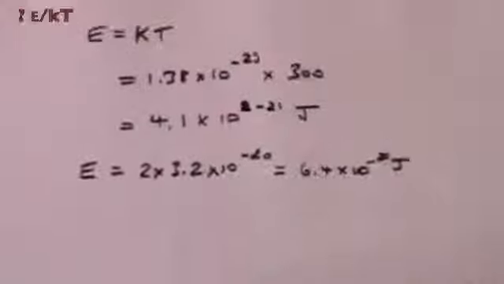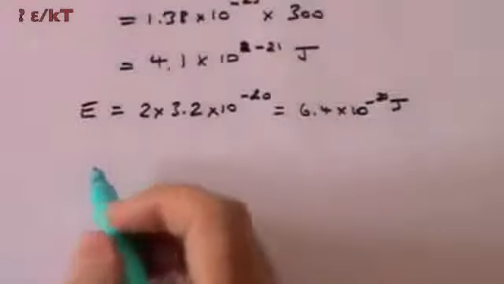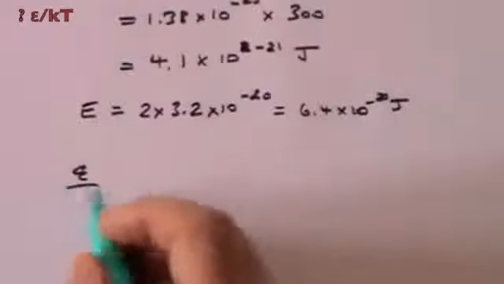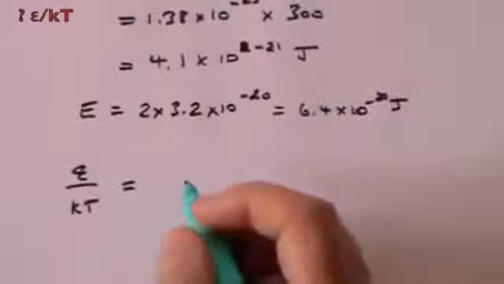The third part of the question is, what is epsilon over kT, which of course is a function used in the Boltzmann formulae. Well, epsilon is the activation energy, and we were given that.